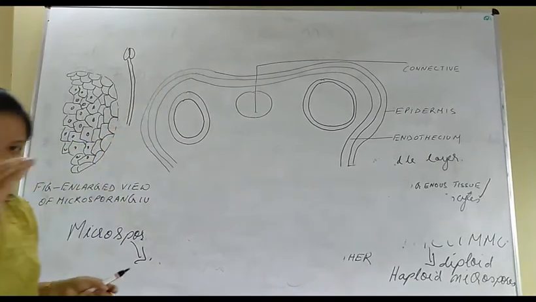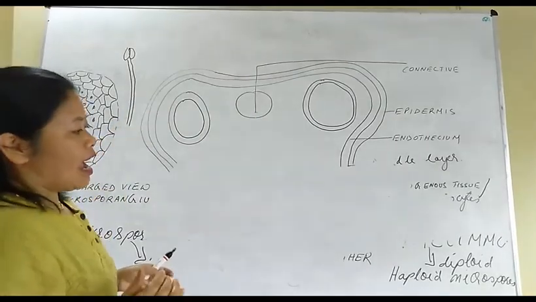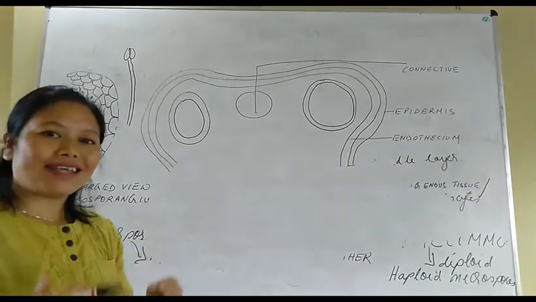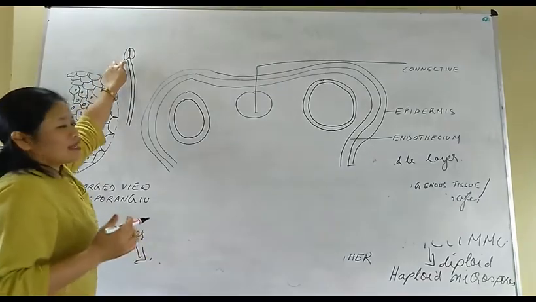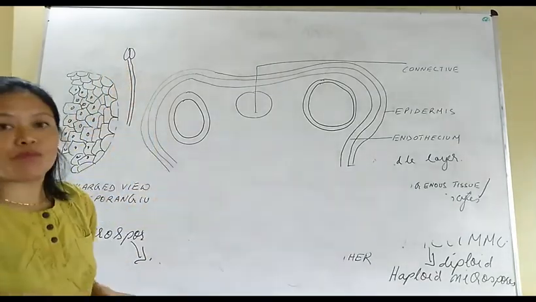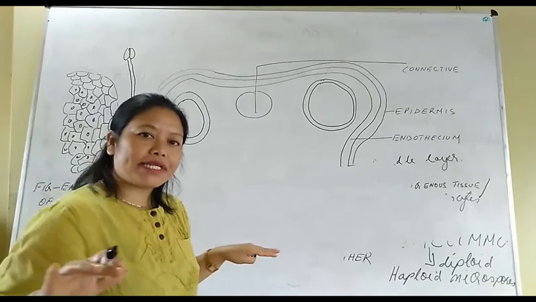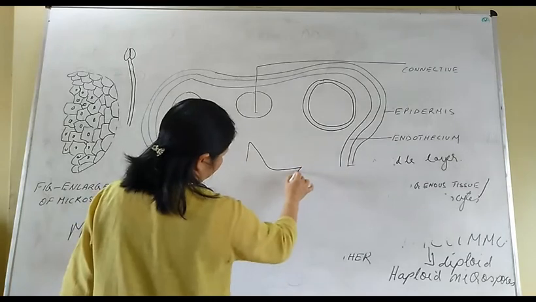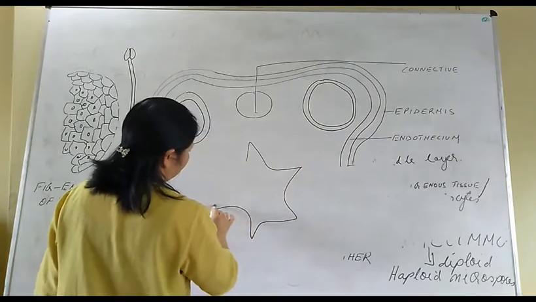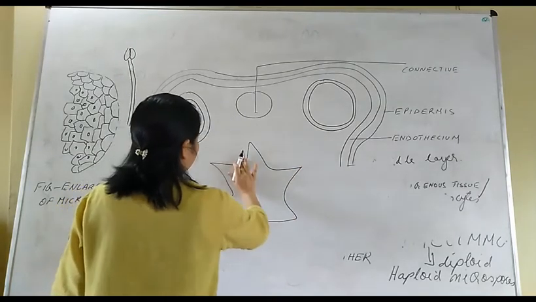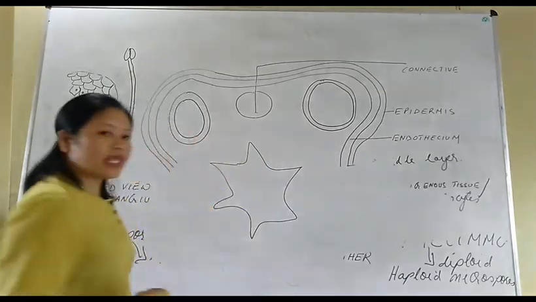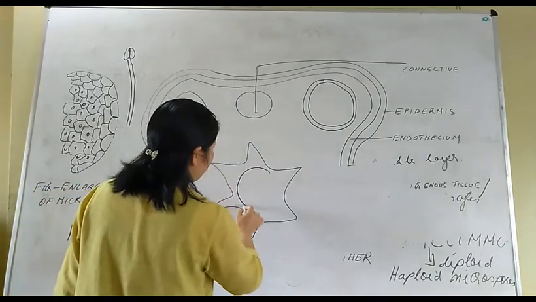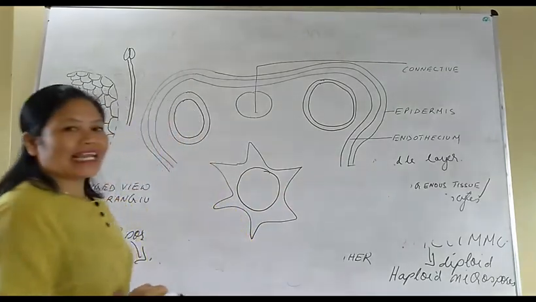Each microspore will give rise to a pollen grain. The microspores get separated out as the anther matures, and they form a thick outer wall called exine and a thin inner wall called intine.